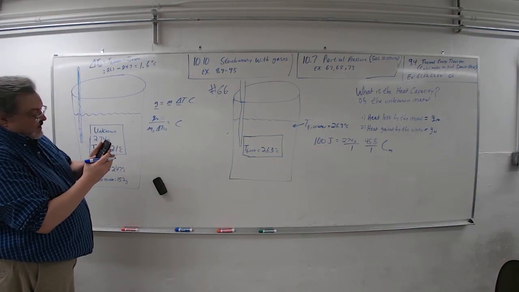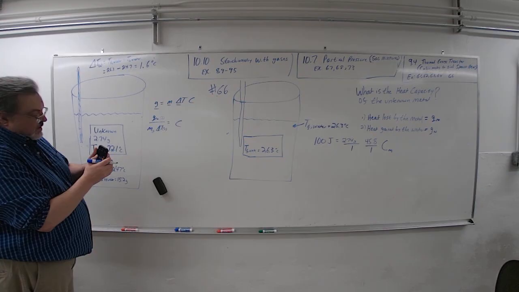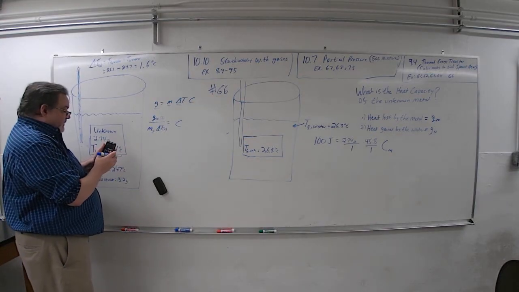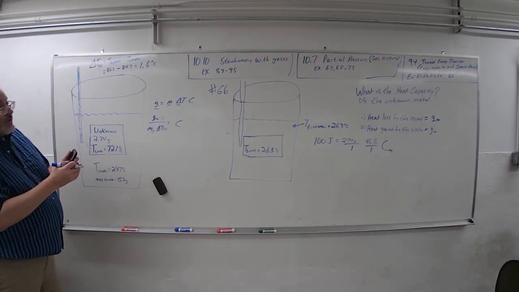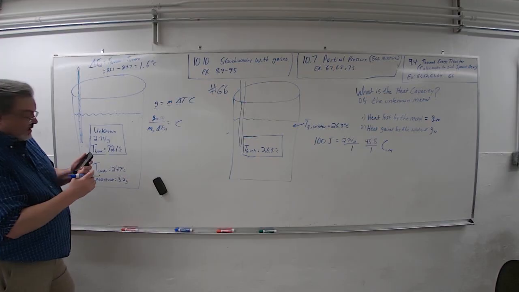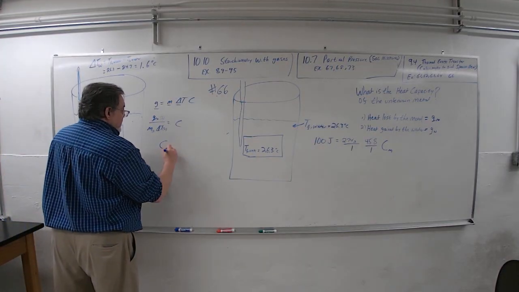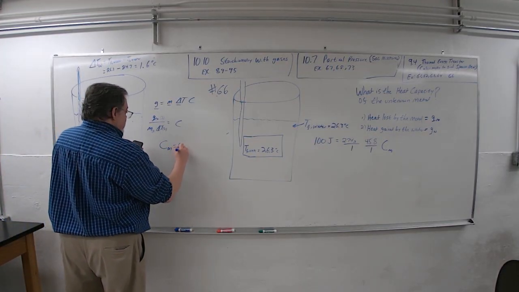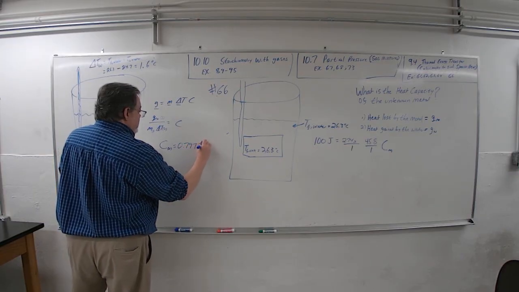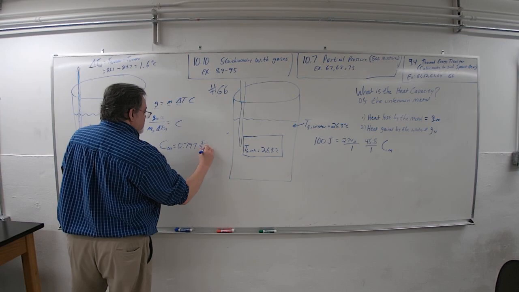So 100 divided by 2.74, and then divided by 45.8. So heat capacity for the metal is 0.797 joules per gram per degree C.